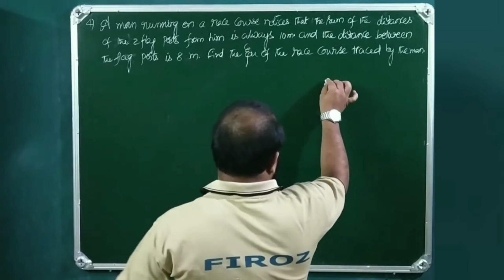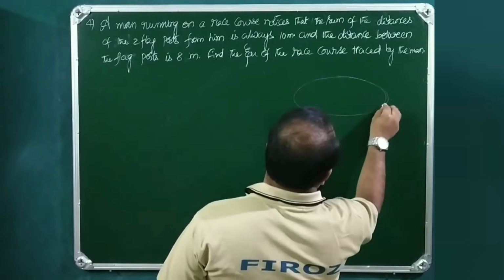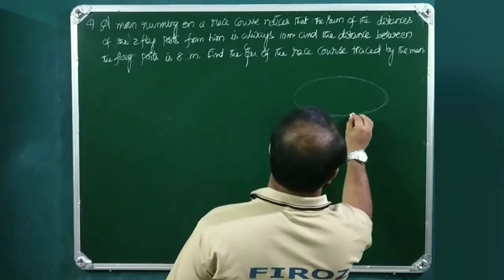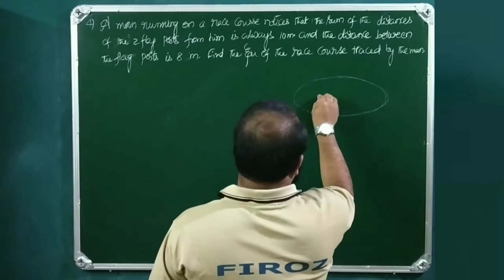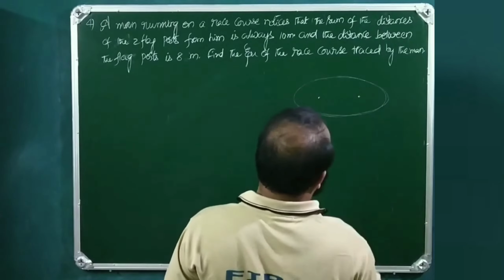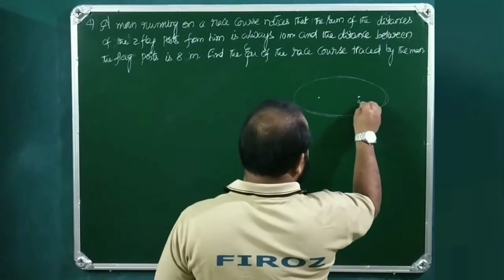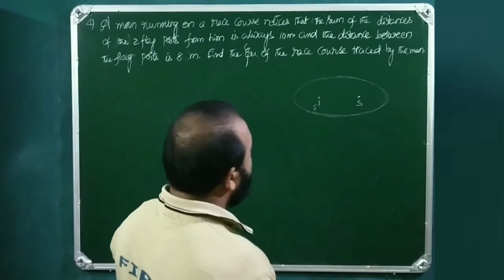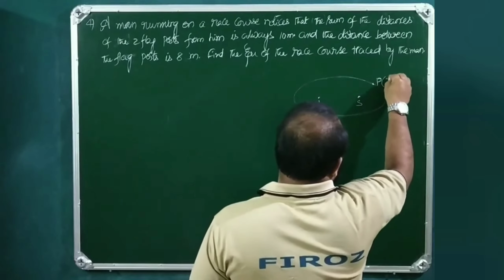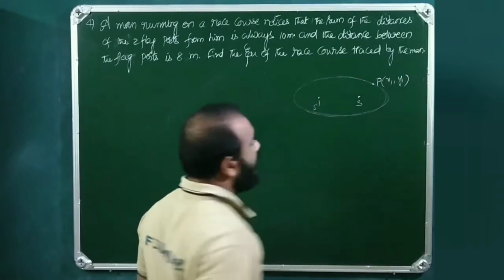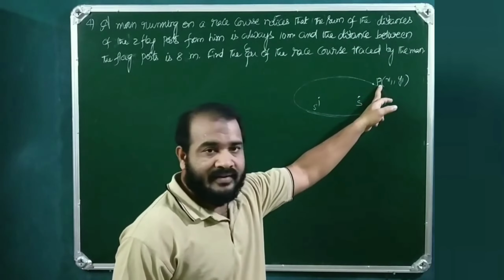So that means, let us suppose that this is the race course and let these two be the positions of the flag posts S and S dash. And let this P (x1, y1) be the position of a man.